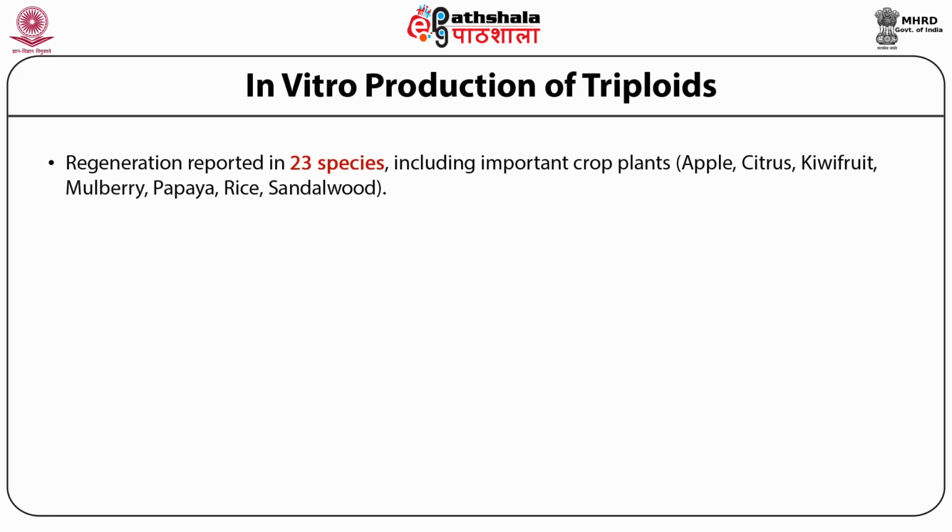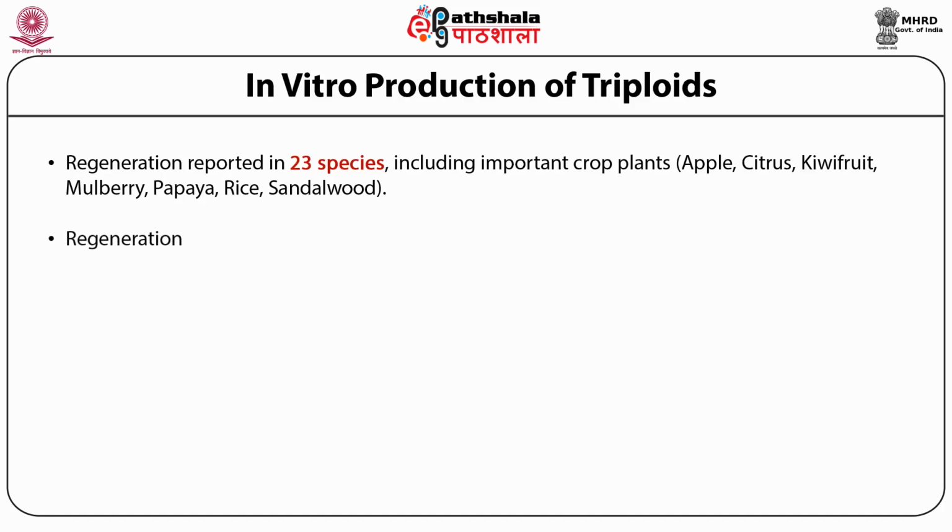regeneration of plants or shoots or embryos has been reported in 23 species, including many important crop plants, such as apple, citrus, kiwi fruit, mulberry, papaya, rice, and sandalwood.